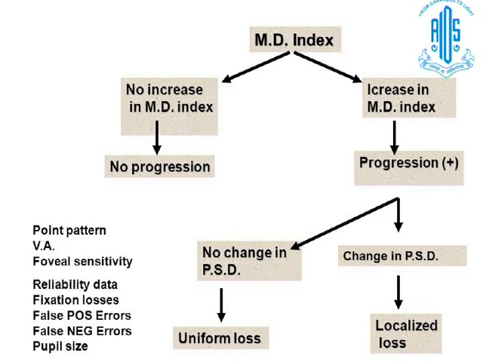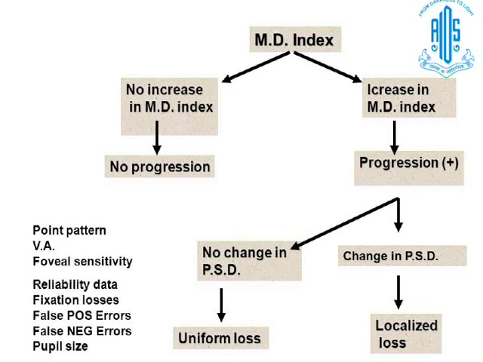If there is no change in PSD, that means there is no irregularity; the loss is uniform, usually due to cataract or any other cause that produces uniform loss. So there is a value of PSD in progression analysis. And a significant change in PSD indicates a localized loss.